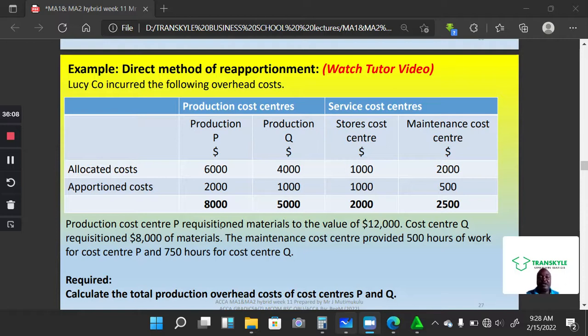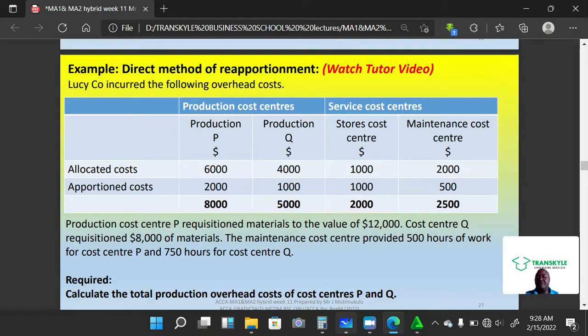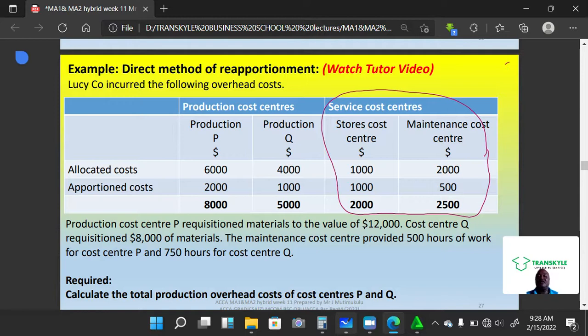So, ladies and gentlemen, like I said, the issue here is we are required to apportion these overheads, or these costs, to these two production cost centers.